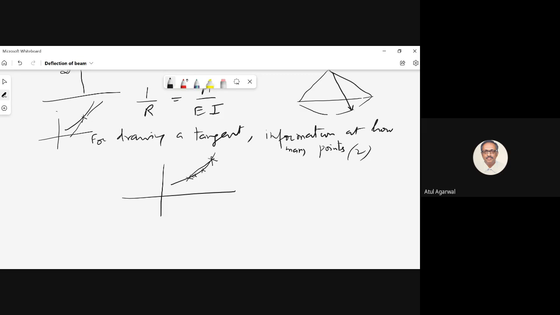But suppose you want to find radius of curvature at a point on a curve. How much information, at how many points, do you need? I'll say information you need is at 3 points.